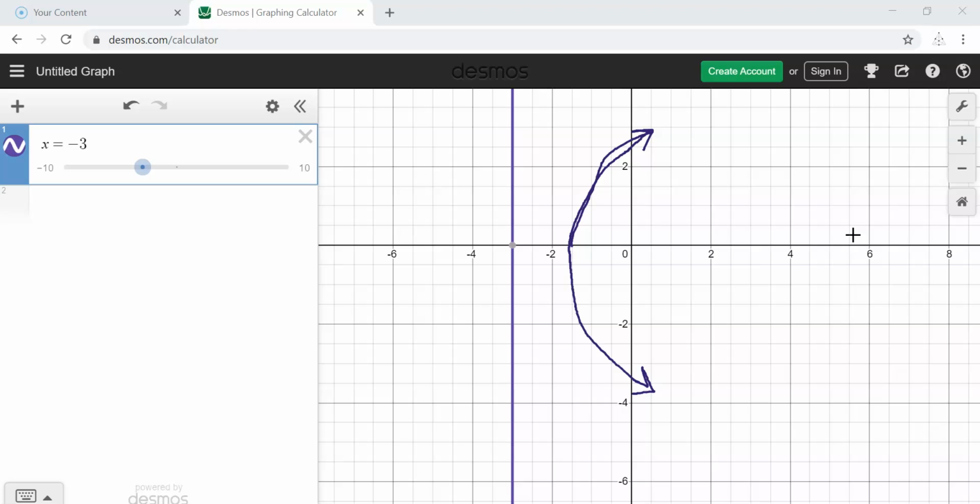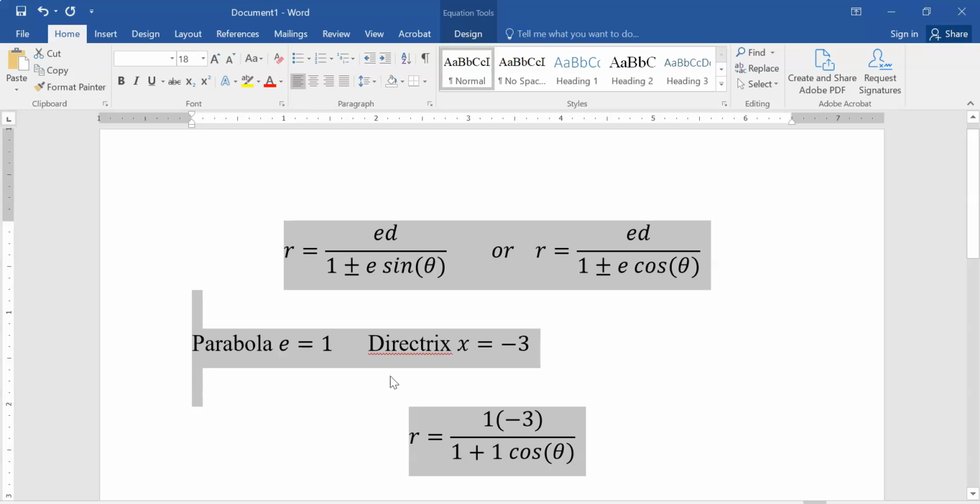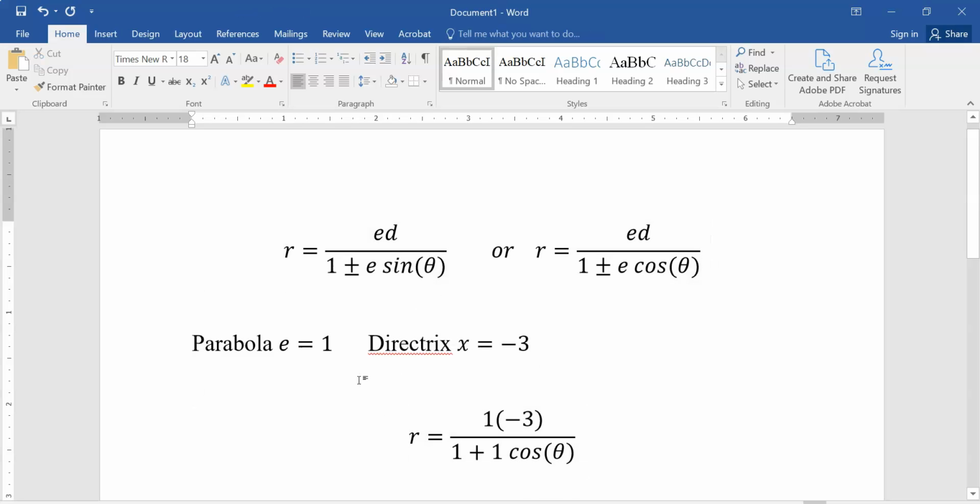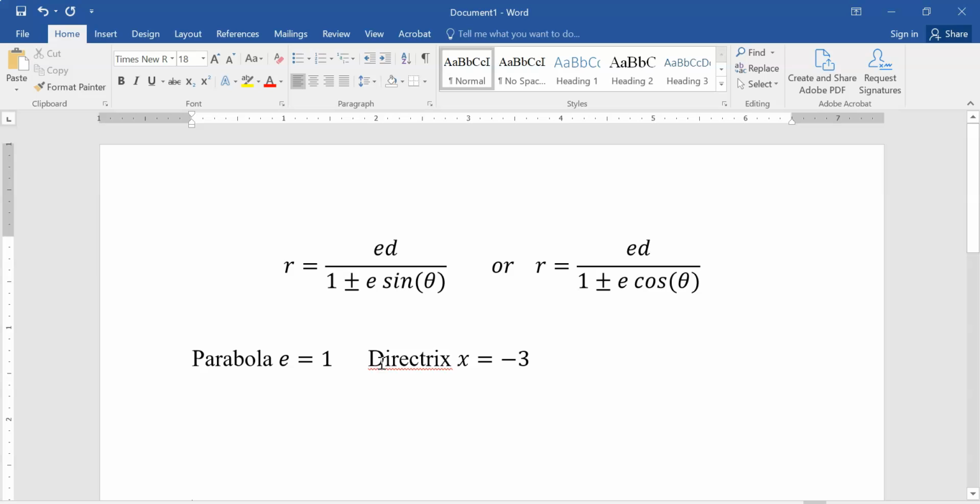Now, what that means for us is that the equation we're going to have to use is the one dealing with cosine. Let me explain what I mean by that. We have this parabola whose eccentricity is 1, directrix is x equals -3. I want to choose either this form of an equation or this form for my conic section.